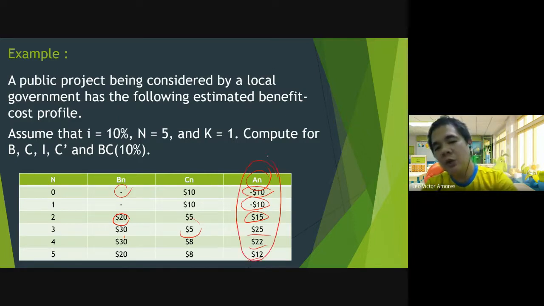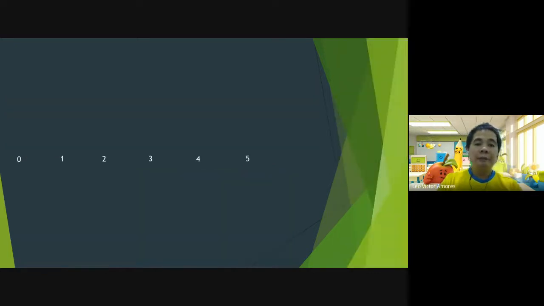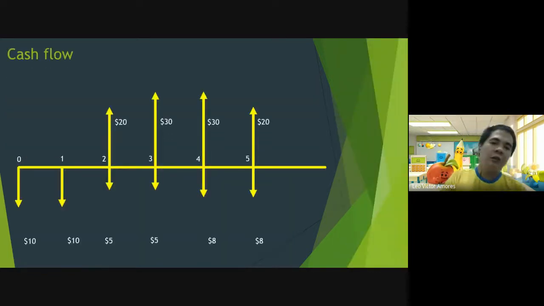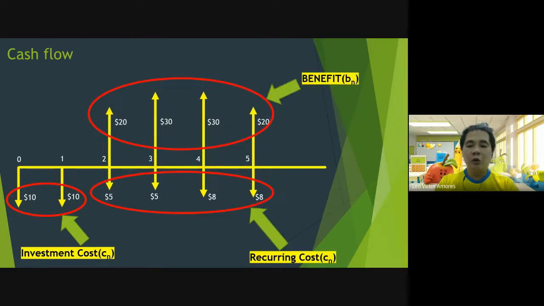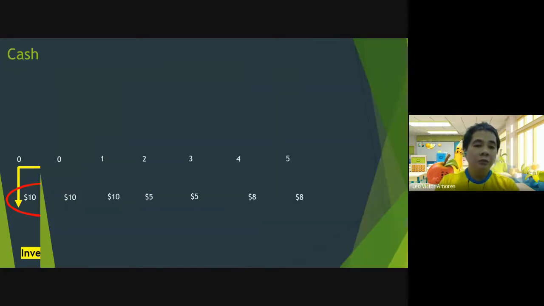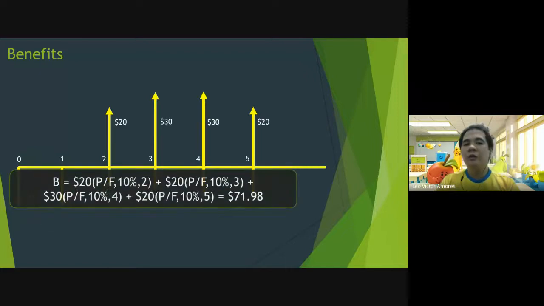But for the benefit of discussion, ako lang ipakita ang tanang cash flow. No? So for this problem, you have different types of cash flows. You have your benefit cash flow, you have your investment or your CN, and you have the CN recurring cost. This is C hat. Okay. So let's compute first your benefit.